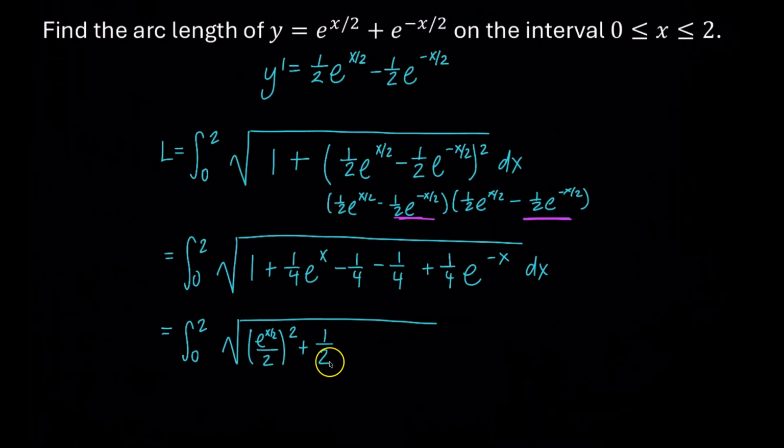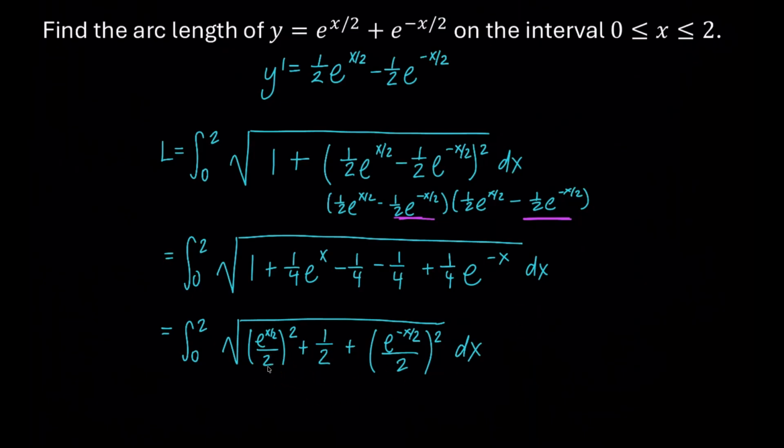1 minus a fourth is 1/2. And then, okay, let's talk about what's going on over here. So I have 1/4 e to the negative x, so I can rewrite that as plus e to the negative x over 2 quantity squared dx.